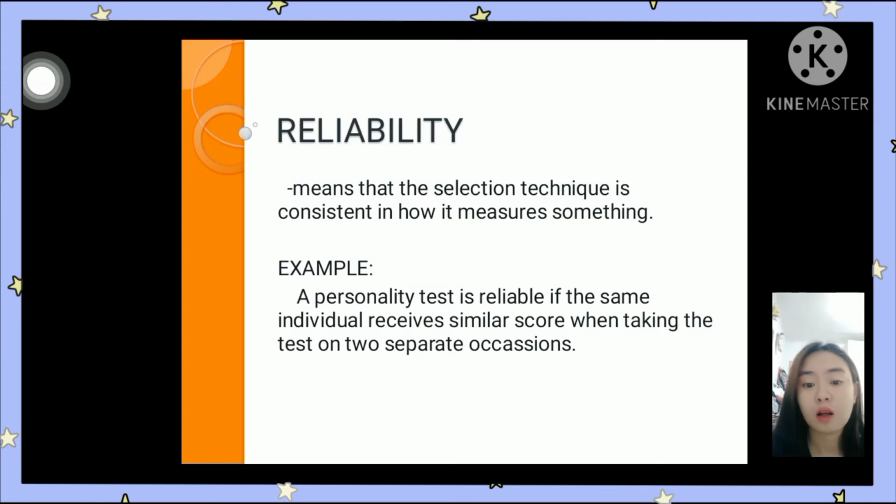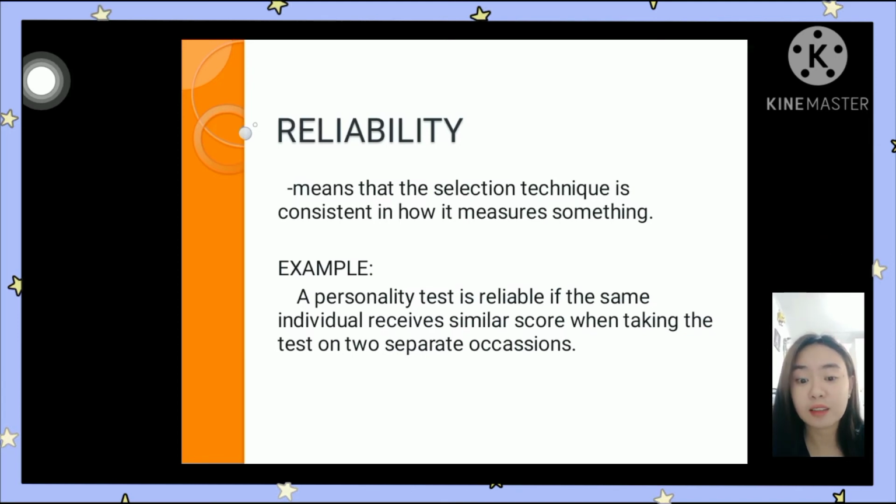The example of reliability is when a personality test is reliable if the same individual receives similar scores when taking the test on two separate occasions. The other meaning of reliability is that a selection device gives consistent results over repeated measures.